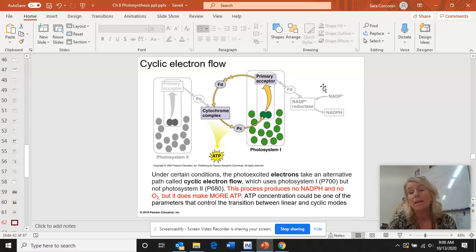They never make that right-hand turn and make NADPH. What they do is they go down the ETC again and again, and every time they go down the ETC, we're pushing more hydrogen ions into the pillow of the thylakoid, and we know that the hydrogen ions, when they flow out, are going to create ATP. So cyclic electron flow does not make NADPH or oxygen, but it does make more ATP.